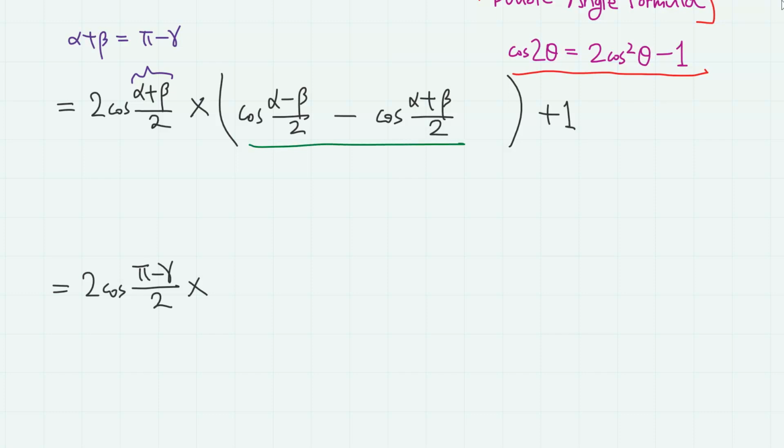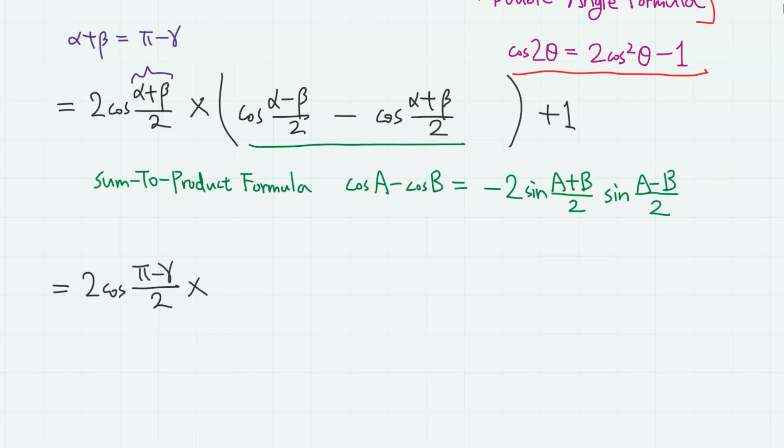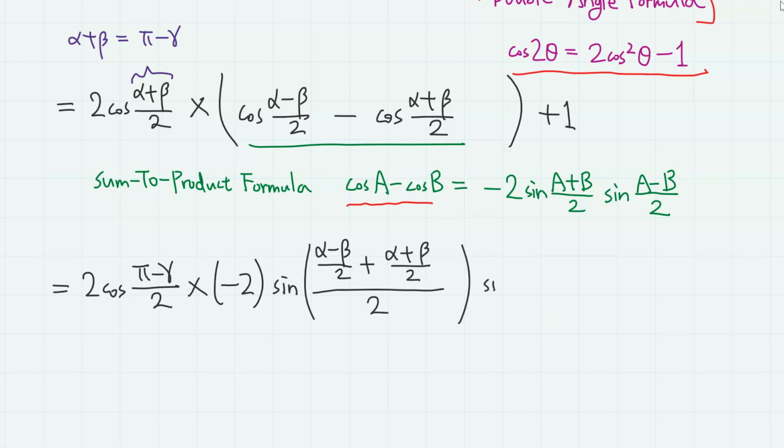And here let us apply the sum to product formula again. The sum to product formula for cosine A minus cosine B is minus 2 times sine (A plus B) over 2 times sine (A minus B) over 2. So we have minus 2 sine, the sum of angles divided by 2, sine, now the difference of angles divided by 2, and plus 1.